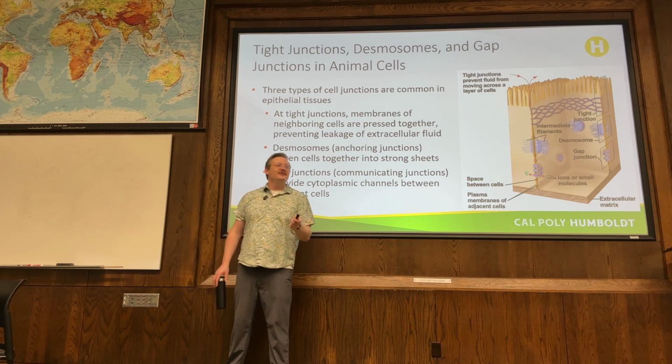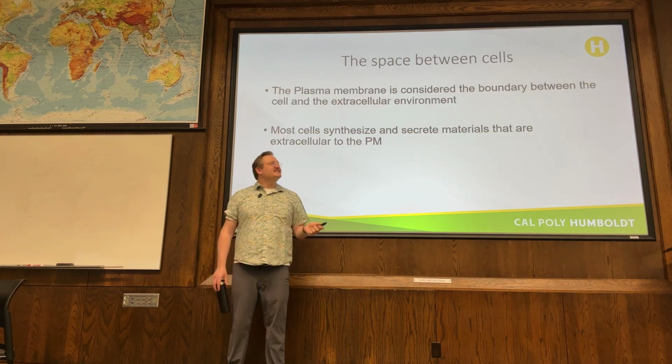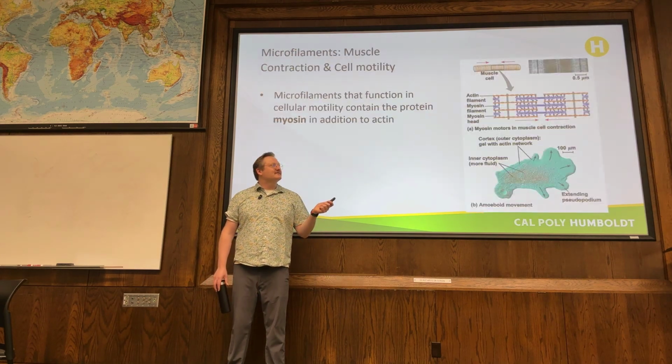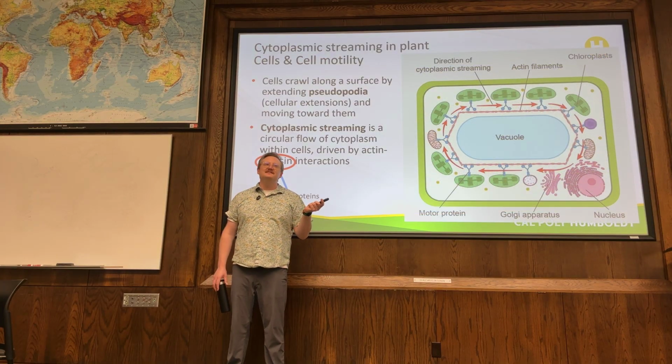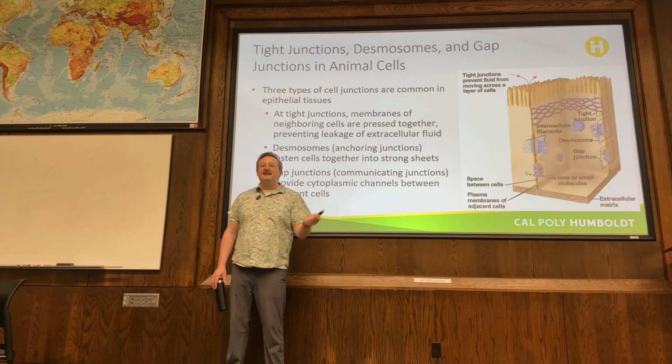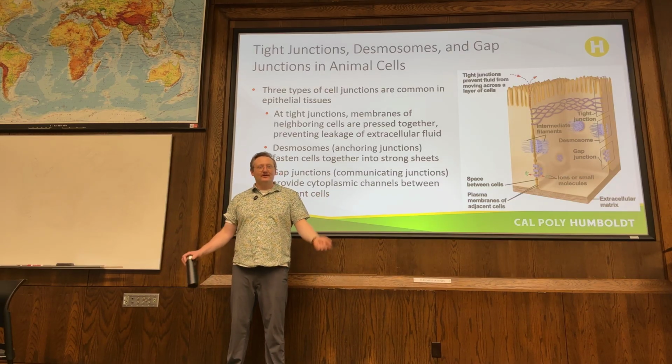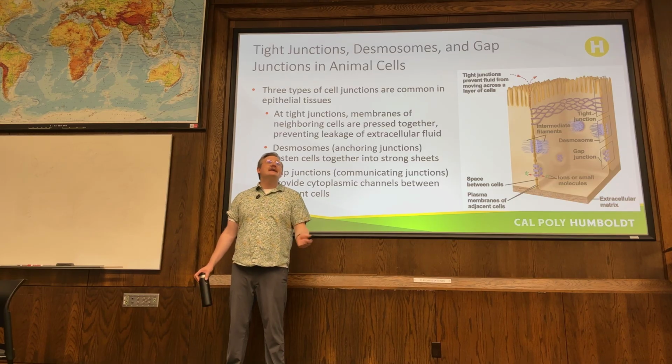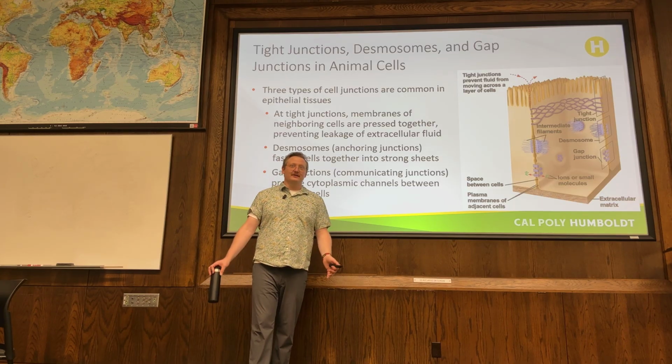What I'm trying to tell you is, while we discussed the cells on the individual level, the cell does not exist in a vacuum. The cell exists by interacting with all of these other cells in order to make up a multicellular organism. The cells are anchored to one another regularly.